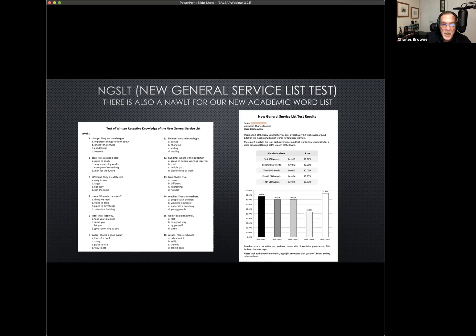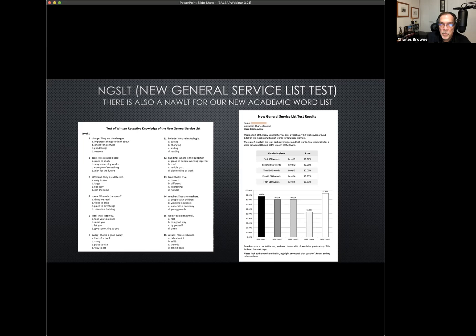In this case, on the right-hand side, you can see one of my students, a student training to become an English teacher. She has decent knowledge of NGSL levels 1, 2, and 3, and very good knowledge of level 5, but has a weakness at level 4. This is actually a pattern I saw quite often in Japan. Based on this test, we identify what their weakest band is.